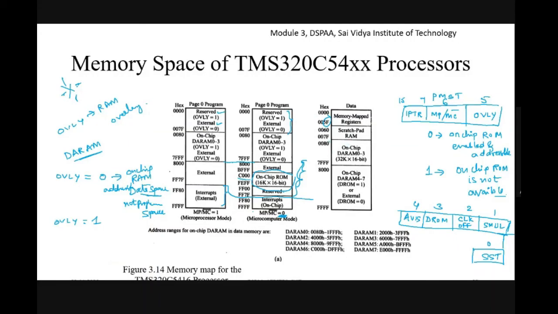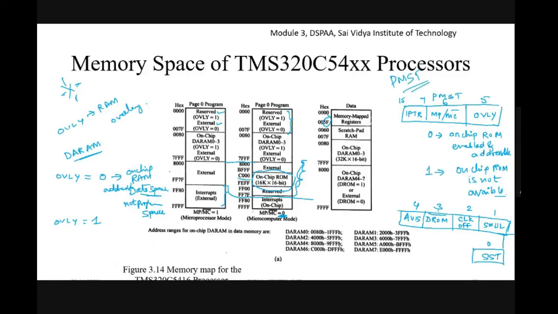And again we have 0080 to 7FFF, on-chip DARAM, on-chip DARAM 4 to 7. And then here, when DROM bit is equal to 1, where is the DROM bit? Here. We have this particular DROM bit, the third bit in the PMST register, that is the processor mode status register.